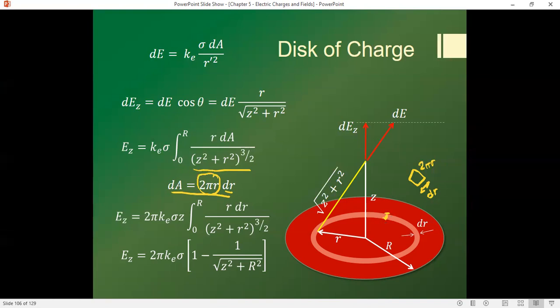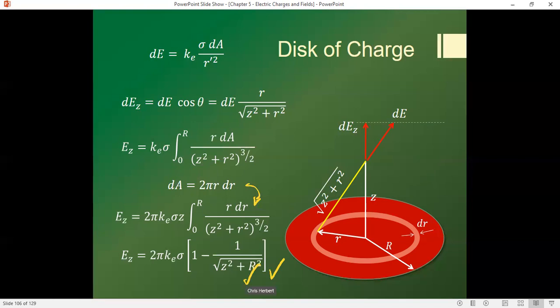Think about that a little bit. But in any case, plug that in. I do that integral, I get this as a result, and that gives me the electric field as a function of the radius. I know I'm leaving out a lot of calculus steps. I apologize for that.